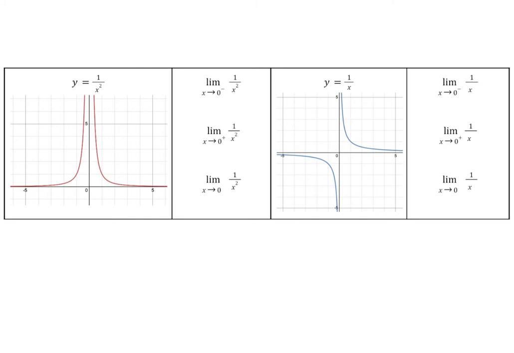So let's look at these two graphs. First one, y equals 1 over x squared, looks like this. So what is the limit of the function as x approaches 0 from the left? From the left, I'm getting closer to 0. It is approaching not a specific value, but it's approaching infinity.